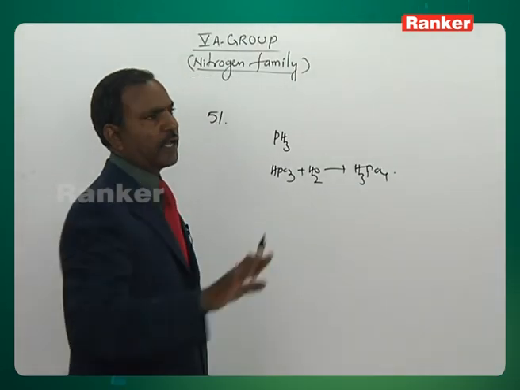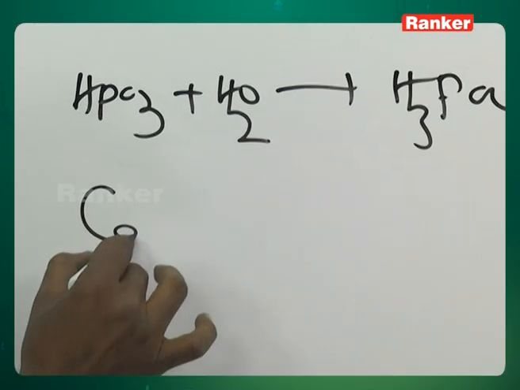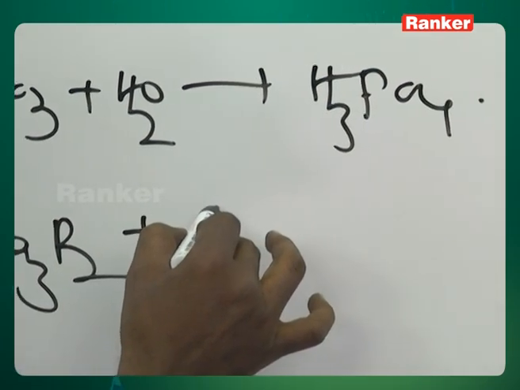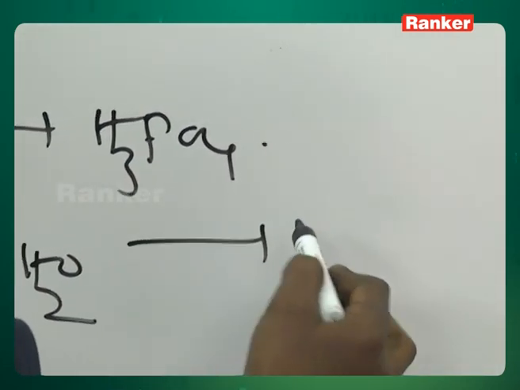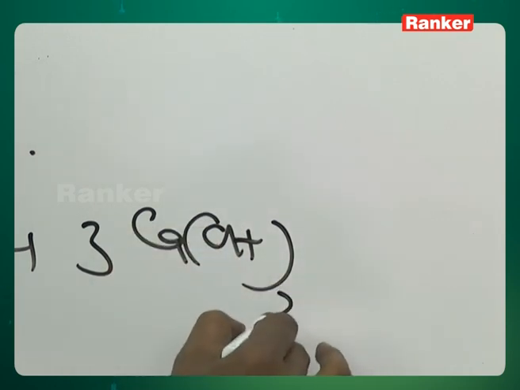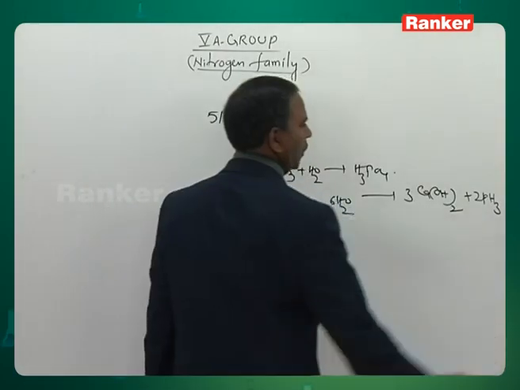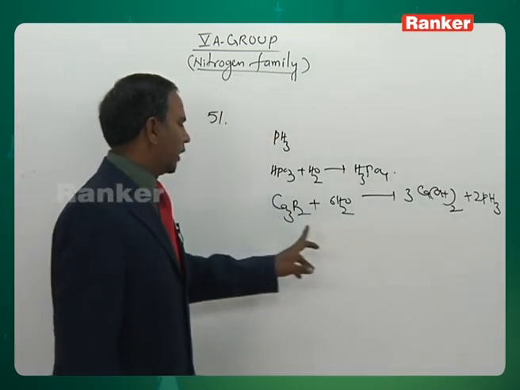There is no phosphine gas. C. Calcium phosphide, Ca3P2 plus 6H2O gives 3Ca(OH)2 plus 2PH3. See, phosphine gas is produced by hydrolysis of what?